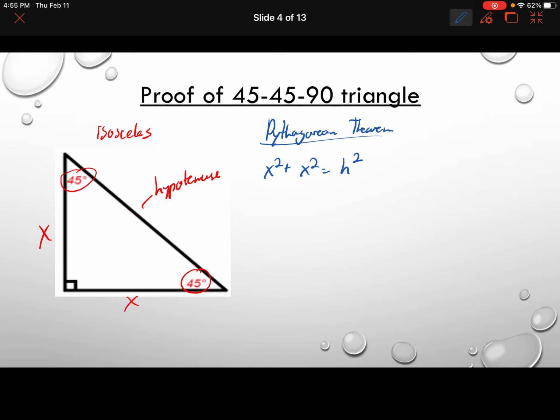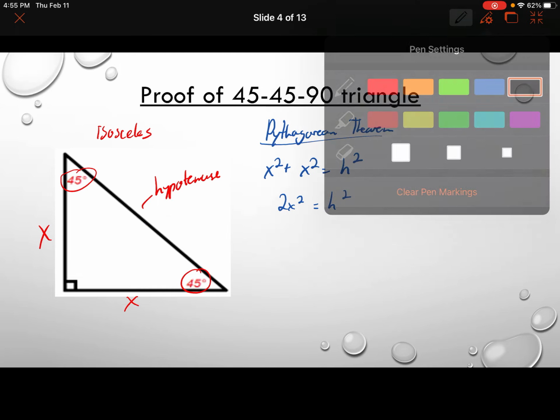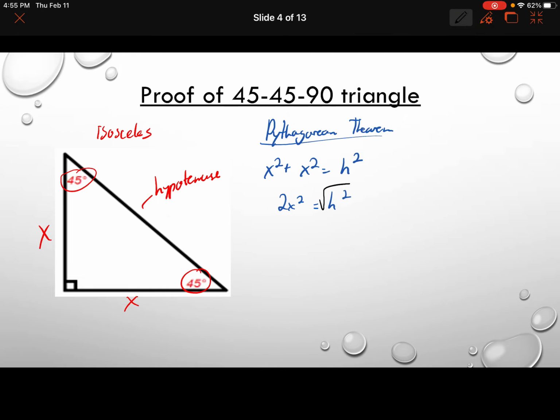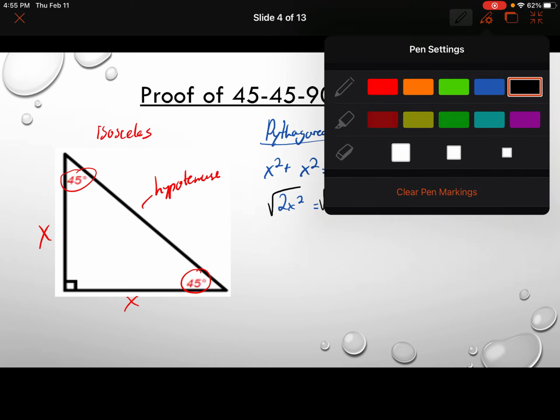So we have x squared plus x squared, which gives us 2x squared, equal to h squared. Remember, we are trying to solve for h. So at this point, in order to solve for it, we need to take the square root of both sides.